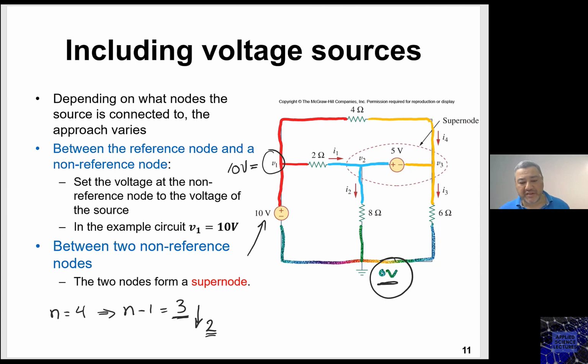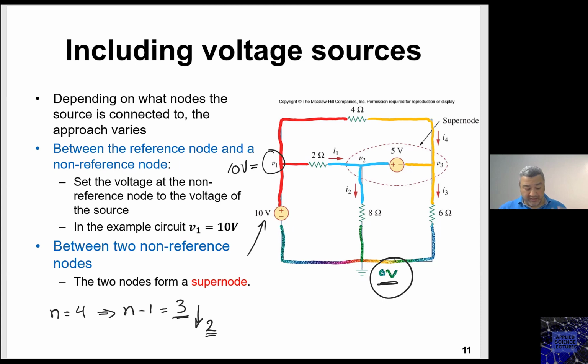Since one of its terminals is 0, the second one would be 0 plus 10, which basically means this V1 now is 10 volt. So this is what that voltage source did to my equations. It helped me find one of those variables.